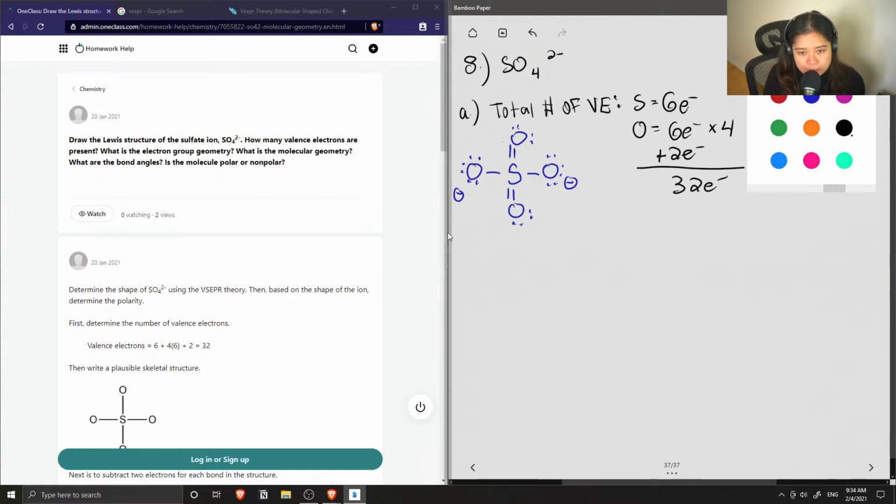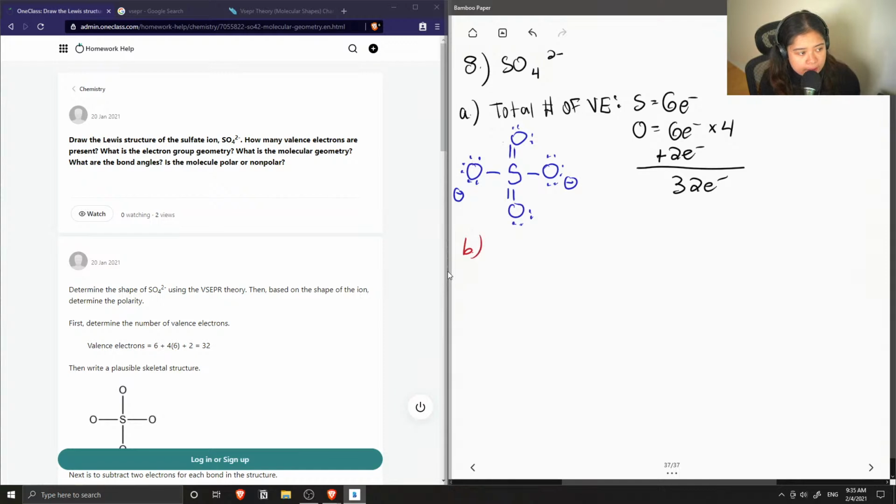Okay, so part B says what is the electron group geometry and what is the molecular geometry. So to analyze this, we'll look at our central sulfur atom, and we'll see that there are 0 lone pairs and 4 bonded atoms.